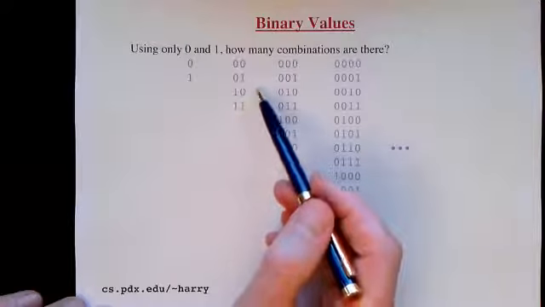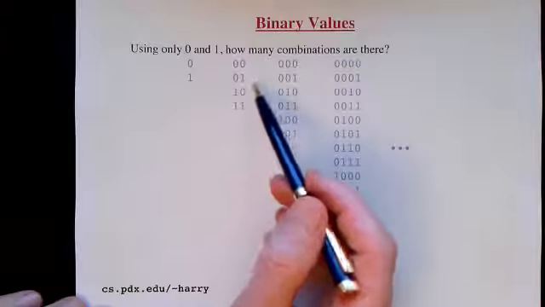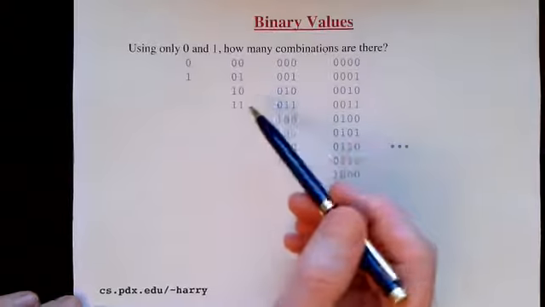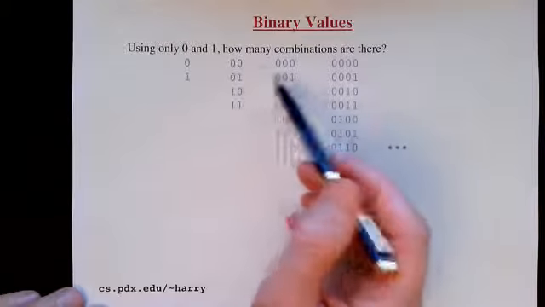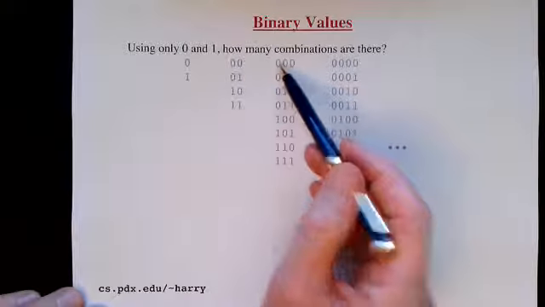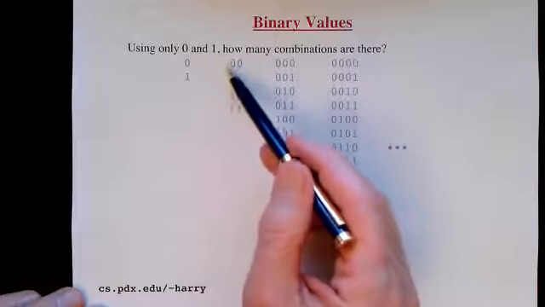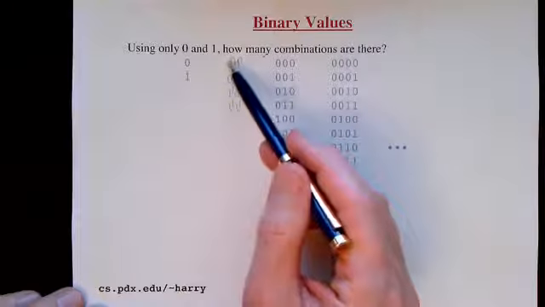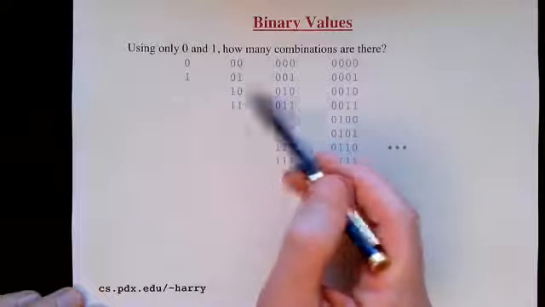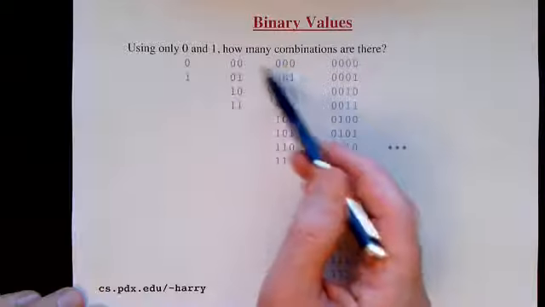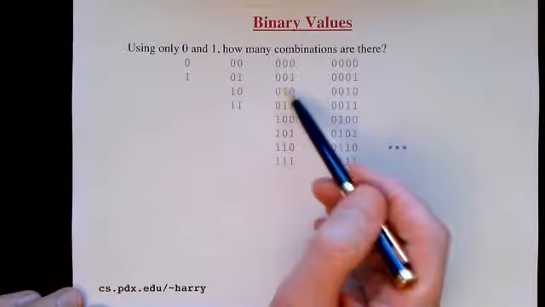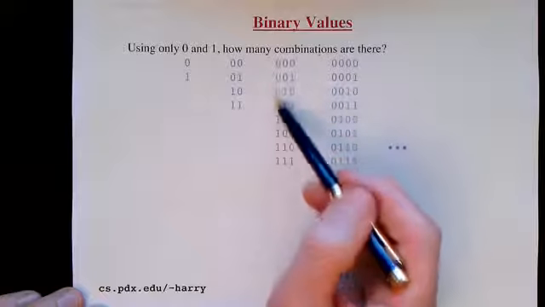But let's say we have 3 bits of memory and we want to represent more combinations. Well, we can add a bit to the left. Imagine adding a bit to the left, and that bit could either be a 0 or a 1. So here I've listed our combinations 000, 001, 010, 011, all with a 0 in front.